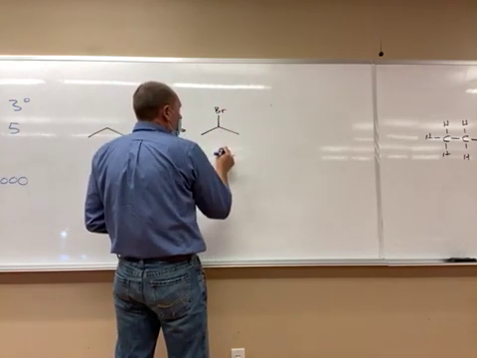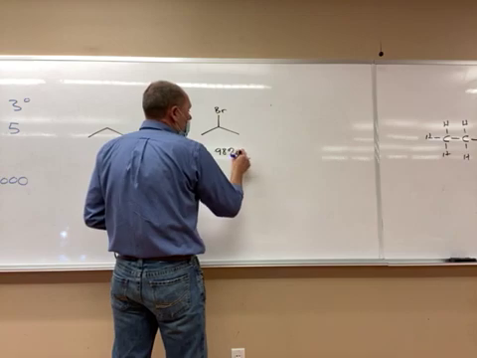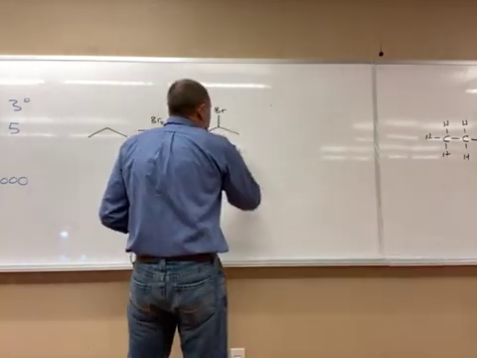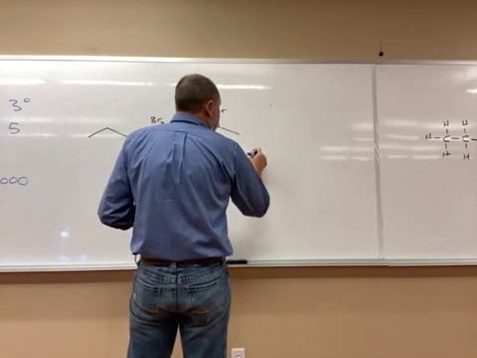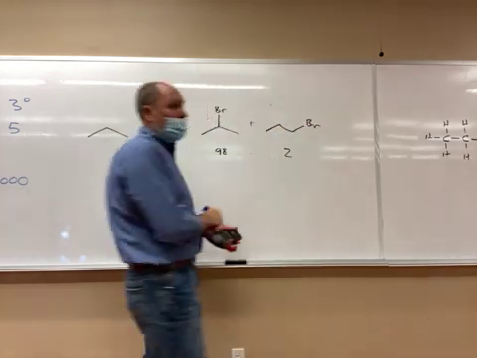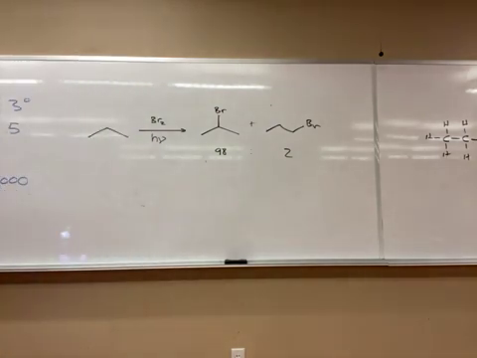I get out bromine 98, I shouldn't do percentages, that's not the actual yield, it's the ratio. 98 to 2, okay? Now that's already become synthetically useful. I'll take a 98:2 ratio on a reaction.